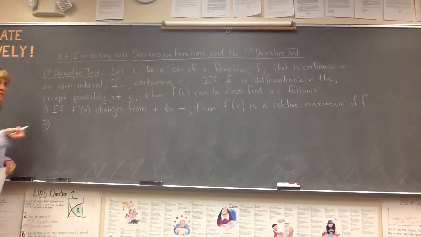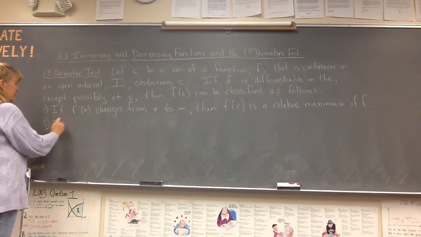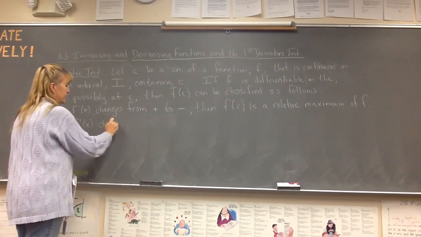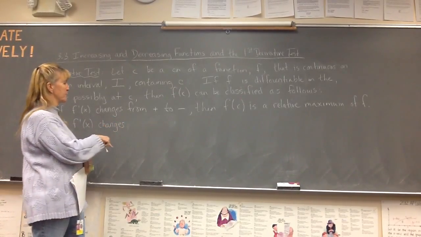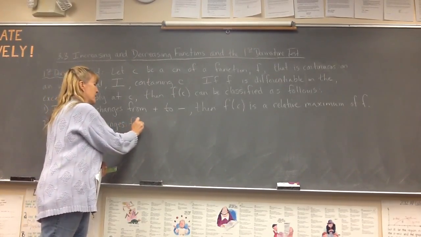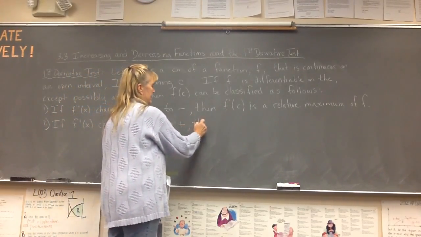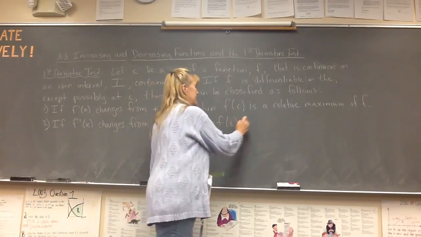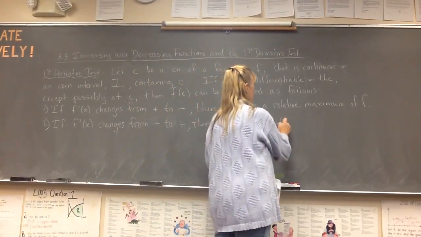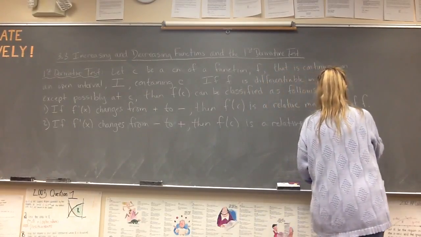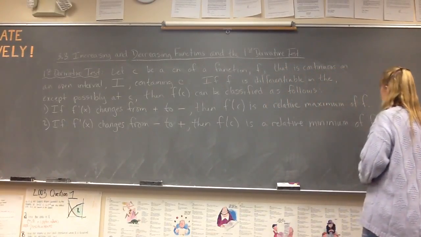And the second case, I bet you're going to guess it anyway. If f prime of x changes, I like to say switches, you'll hear me write switches more than changes, from negative to positive, then f of C is a relative minimum of f.